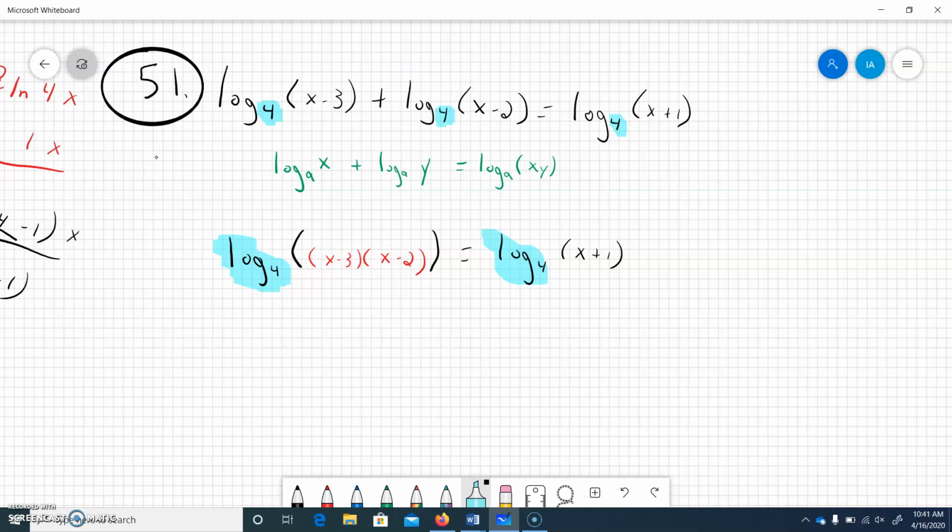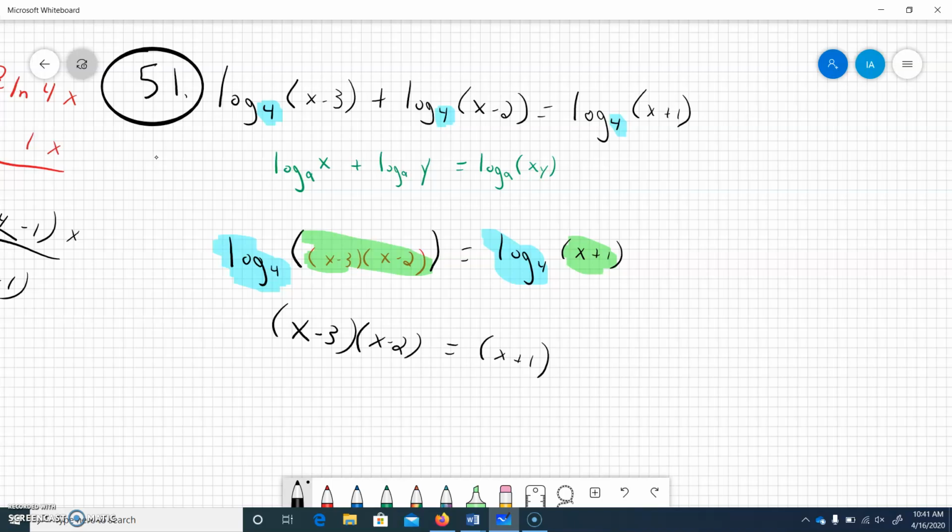There's really no operation for getting rid of this log, but it makes perfect sense that if you have the same thing inside the function, these two parts that I'm putting in green must be equal. So for the log of something to be the same as the log of something, those somethings must be the same. So we can really just dismiss those logs there. They are important in the end.